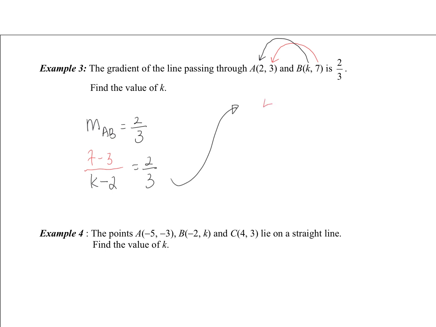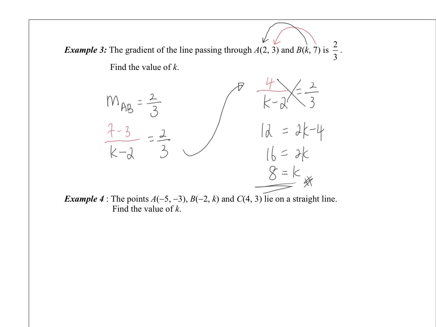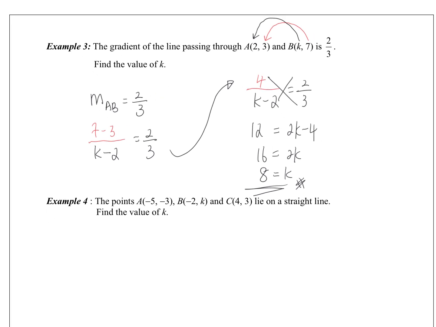So this is 4. This is k minus 2. And it equals 2/3. So just cross multiply to solve. So k is just 8. Okay, so this one is just they give you gradient now and then solve for one of the coordinates.